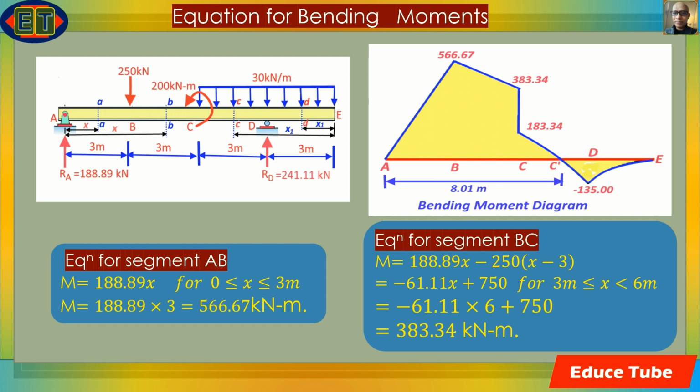This 250, this one x minus 3, this distance, because this is 3. So this part. Because my range is less than 6 meter, greater than or equal to 3 meter, so it is this zone. So the moment we got 383.34. That's the thing we see here. And here 566, this is the thing we got here.